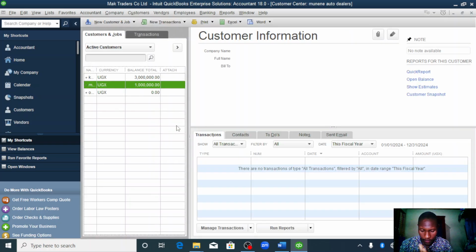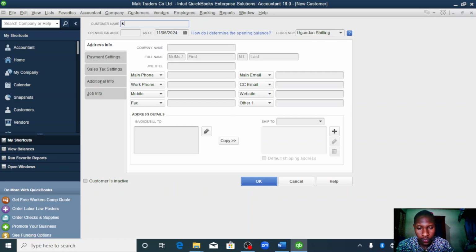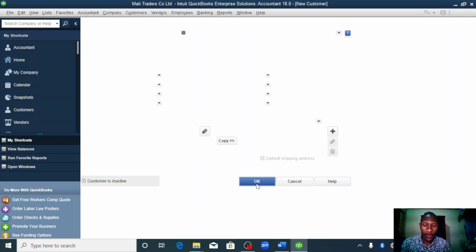We go to another one who is Class Motor Spares. It's having an opening balance of 800,000. We say okay.